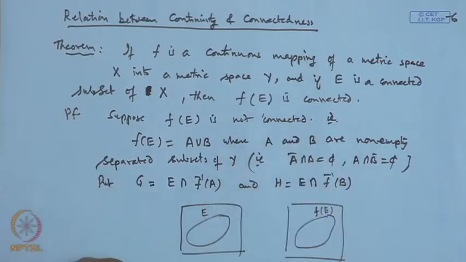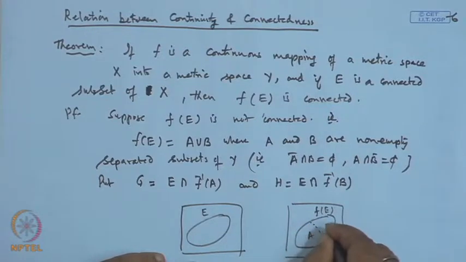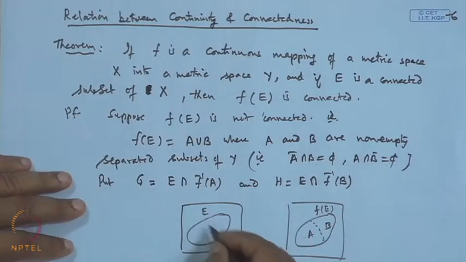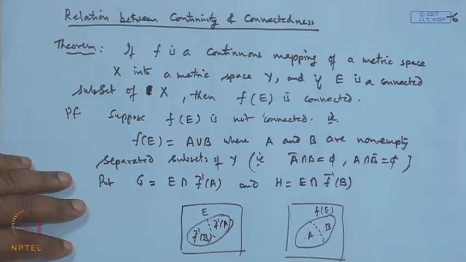We have assumed f(E) is not connected. It means there are two sets, say A and B, such that this condition is satisfied. Now, find the inverse of this. So, we are getting f inverse A here, f inverse B here.